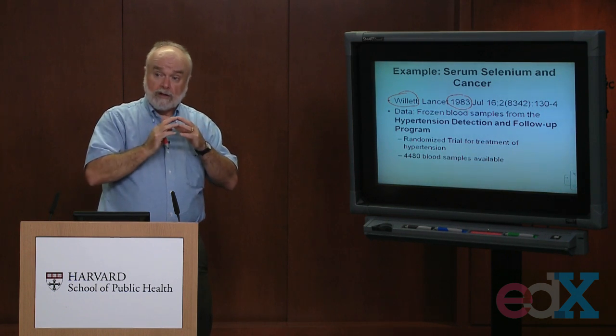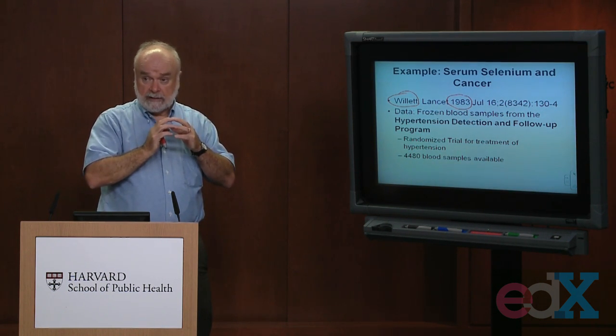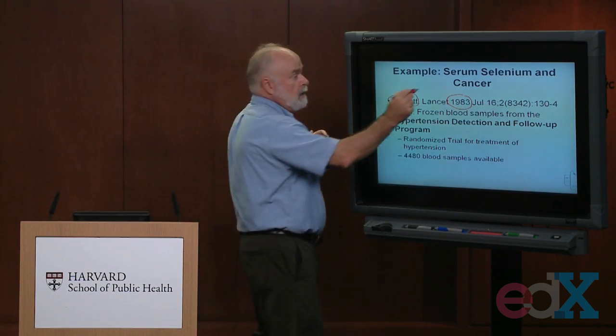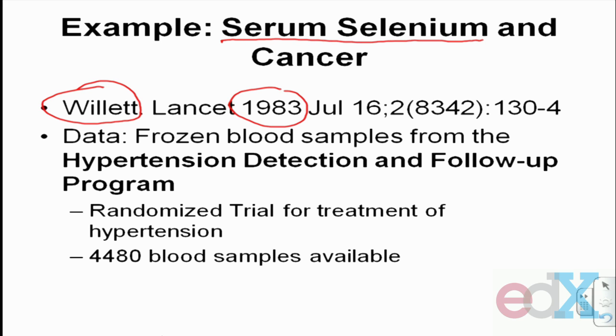Basically, what Dr. Willett wanted to address was the relationship between an exposure, serum selenium, a measurement in a person's body that's reflecting the diet that person is eating, and the risk that person will develop a cancer. What Dr. Willett had access to was a data set from a previously created closed cohort study.